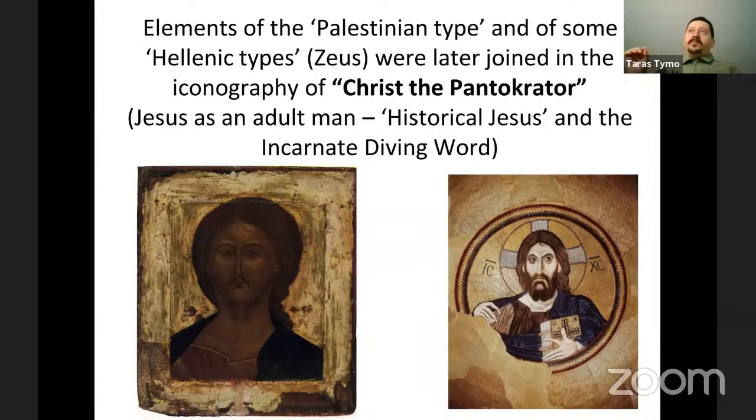So Roman type led to the Emmanuel. Palestinian type led to the emergence of the Pantocrator, or is associated with emergence of Pantocrator.